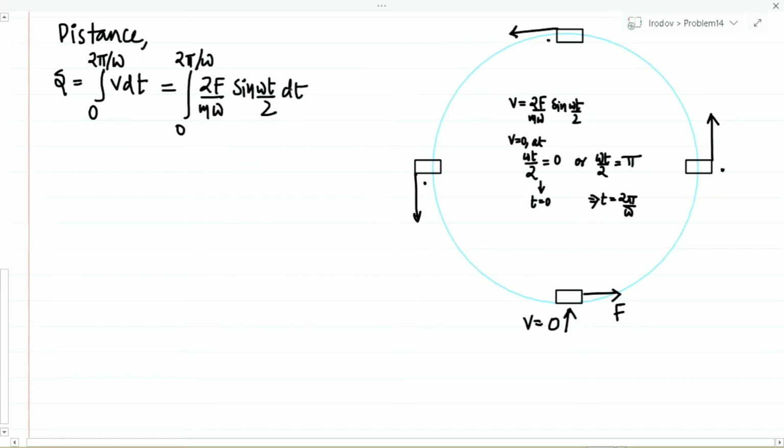This gives us S is equal to 8F by m omega square.